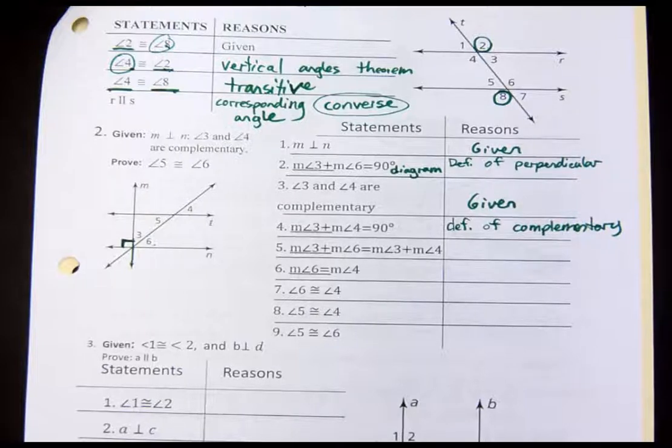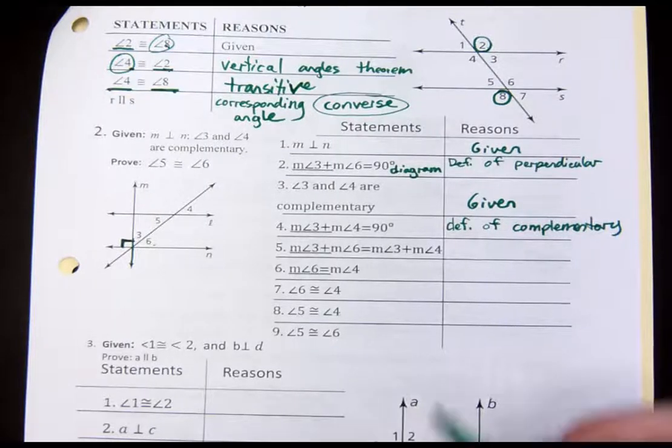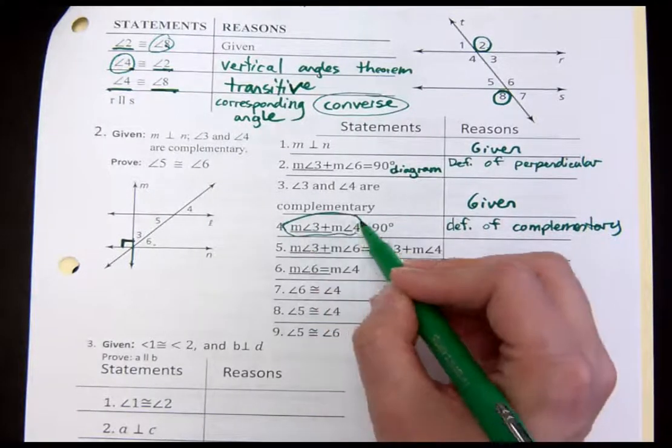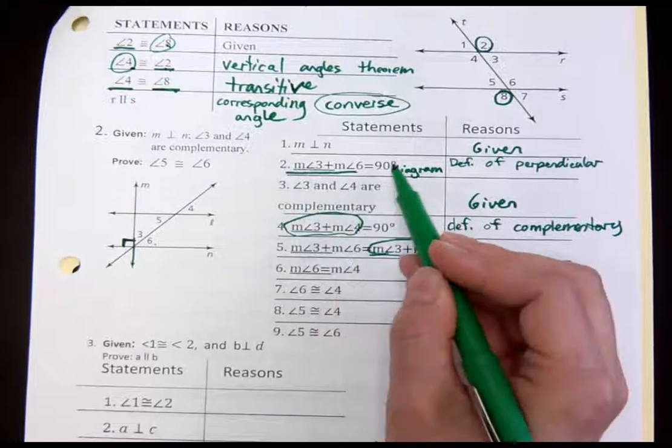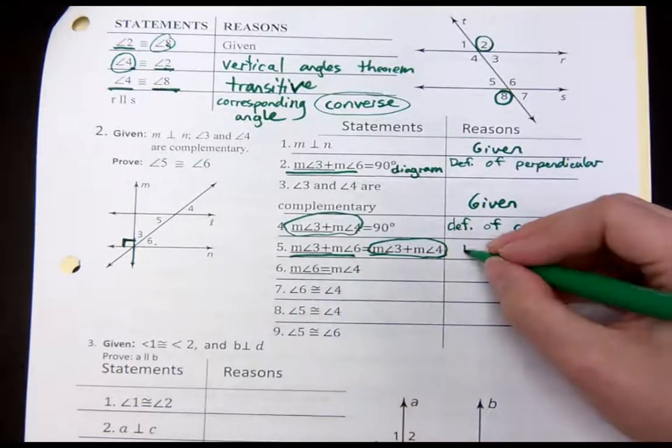All right, number 5 should be a really easy one by now. What's number 5? Transitive, yep, because 3 plus 4 equals 90, and 3 plus 6 equals 90, so that's just our transitive.